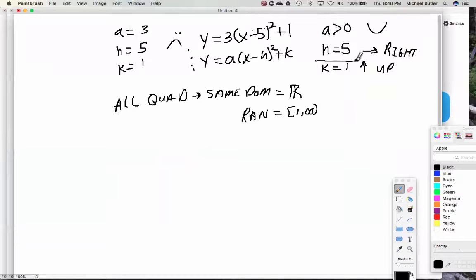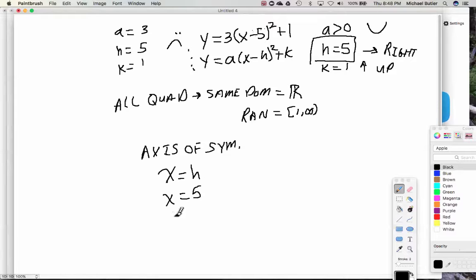All you got to do is take a look at whatever you came up with for h here. So the axis of symmetry we're looking for is just going to be x equals h, or in our case, x equals 5. So whatever you came up with for your h value in your vertex, that's going to give you your axis of symmetry.